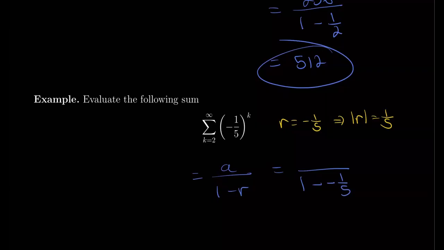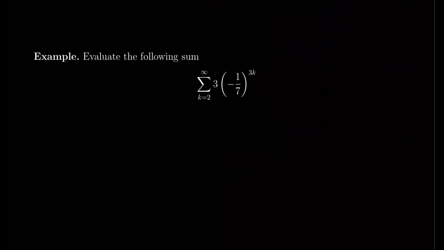On the numerator, I need to figure out what my a is, and remember, a is the first term of the series, no matter what, for every geometric. And in this case, the first term is plug in 2. If I plugged in 2, my first term was 1/25. So be very careful with making sure you know what your a and r is. Use your calculator to simplify, and I got 1/30.